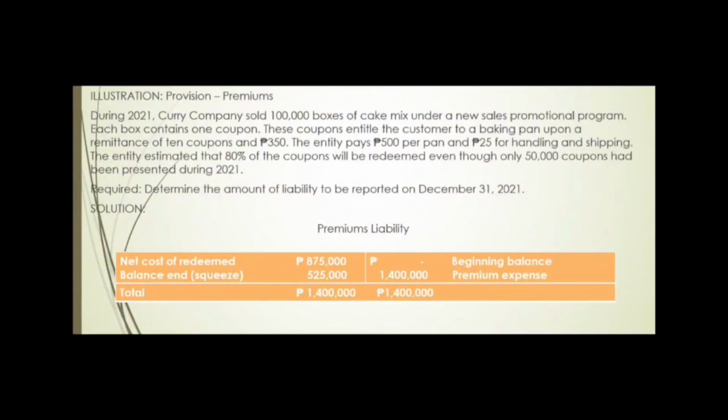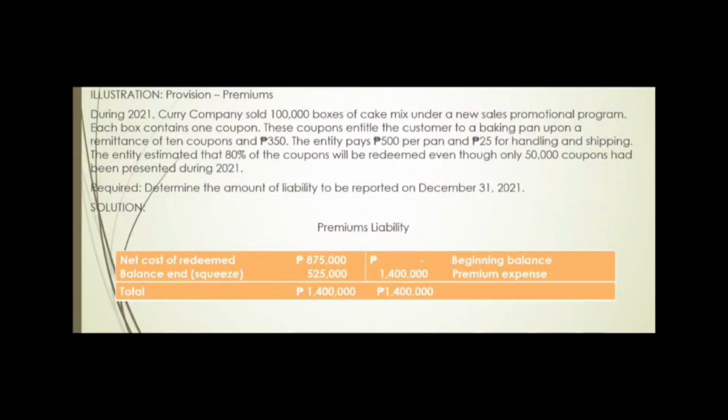The entity pays 500 pesos per pan and 25 for handling and shipping. The entity estimates that 80% of the coupons will be redeemed even though 50,000 coupons have been presented during 2021. So the requirement is to determine the amount of liability to be reported on December 31, 2021.